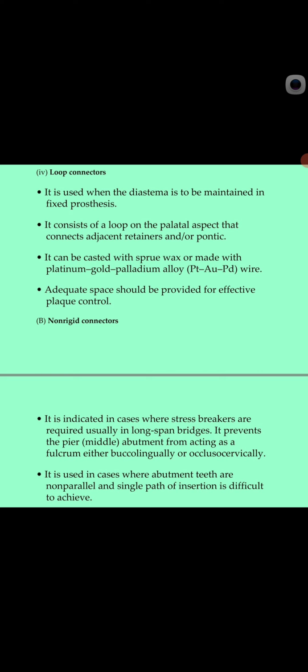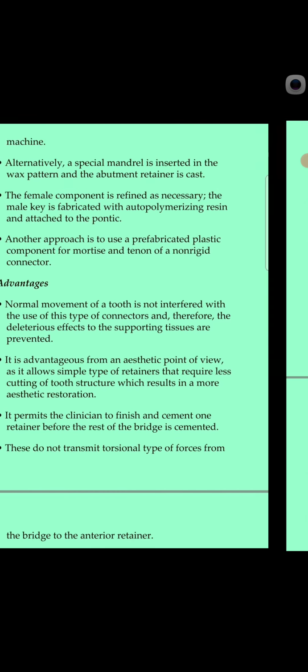Now come to the non-rigid connectors. In non-rigid connectors, this is the key and keyway non-rigid connector, which is known as tenon mortise. Here we make a keyway in the retainer. Keyway is also known as mortise, and key or tenon is in the pontic.